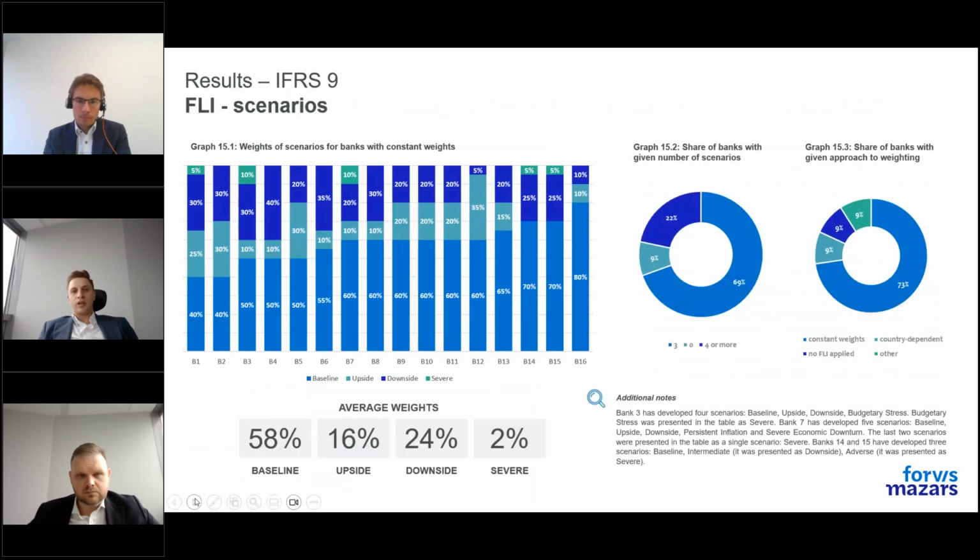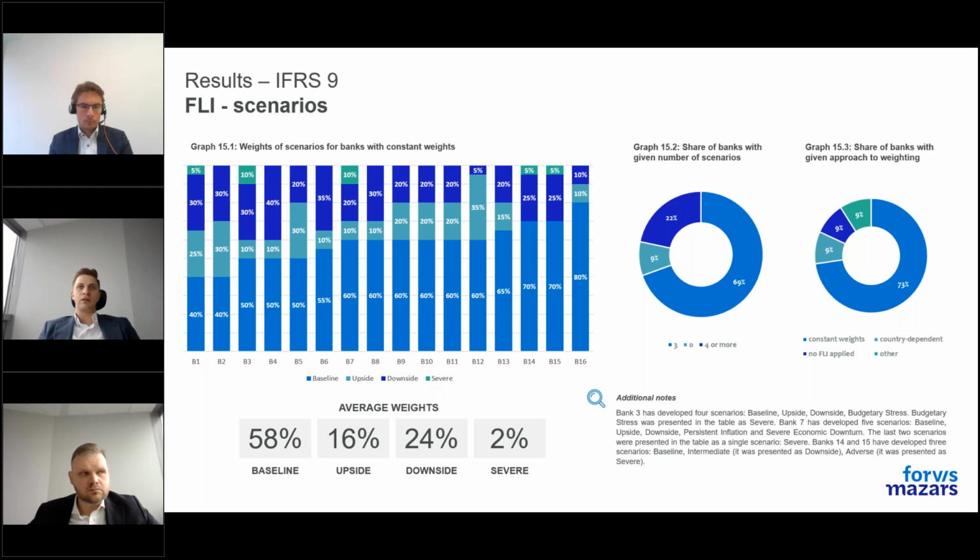Last slide regarding the forward-looking factor is to introduce you what scenarios do benchmarked banks apply. So we can see on the left-hand side that in all cases the baseline scenario has the biggest weight.